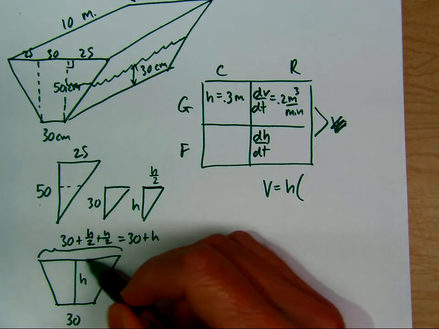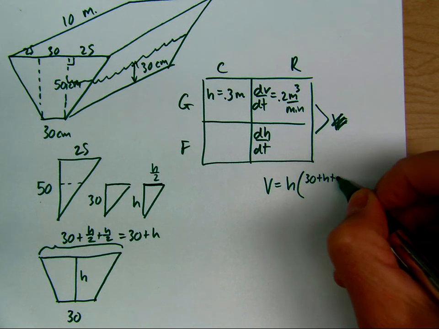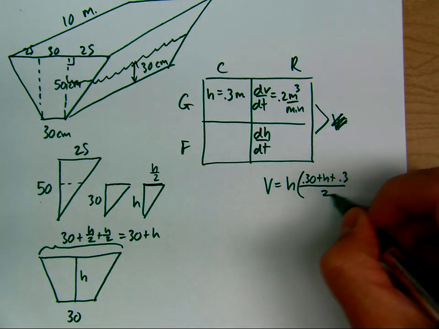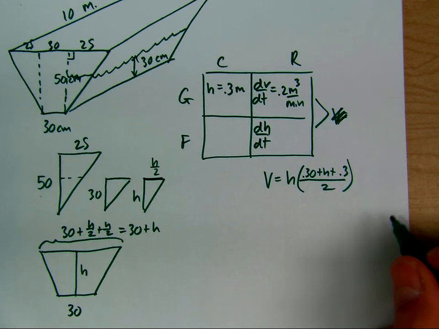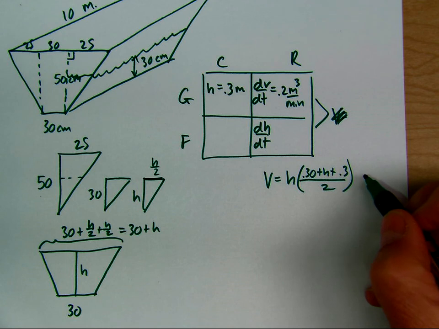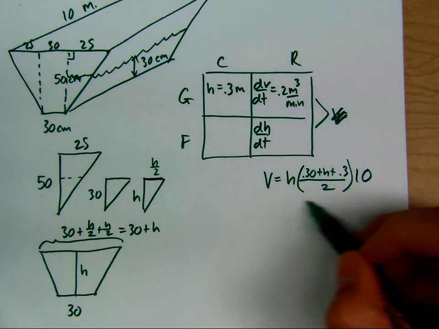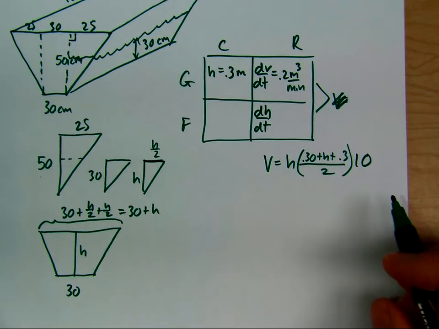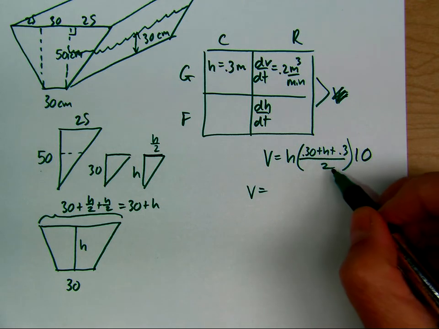So it's 30 plus h, that's 0.3 plus h plus 0.3 divided by 2. All right, and then that's multiplied by 10. So we have the area of the trapezoid times the length of the container. Okay, we can do some simplifying here, and we have a 1/2, so that'll change that to a 5.